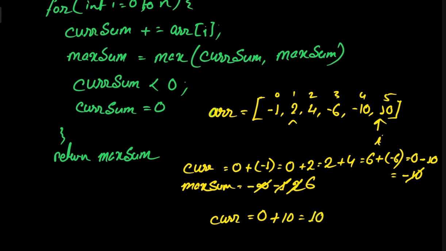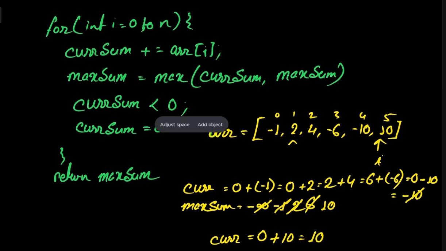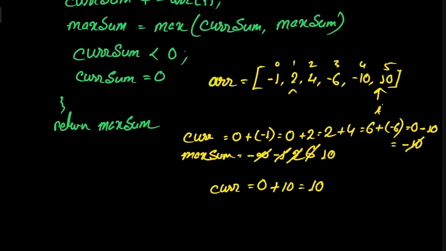Now it will check if the max sum is greater than 10, no, so the max sum will be updated to 10, and then it will check if the current sum is less than 0, no, so the current sum will not change. Then i will increment, but before that it checks if i is less than n; it is not, so it will not go further, and the maximum will be returned. It will return 10, and this will be our output.